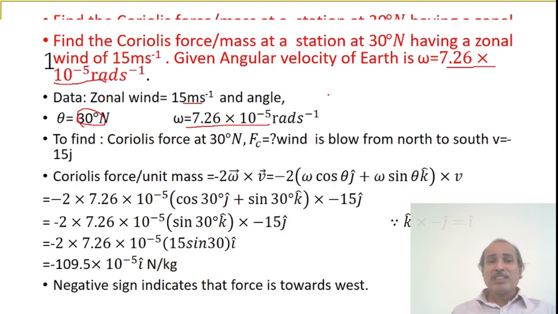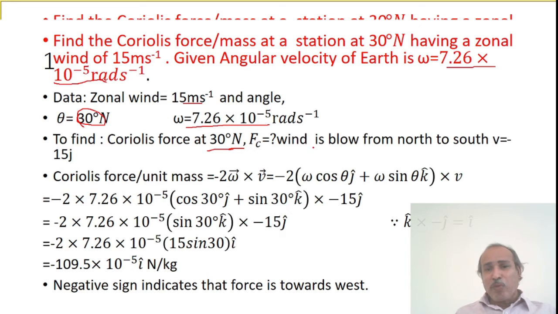So 360 divided by 24 into 60 into 60, ultimately we get 7.26 into 10 to the power of minus 5 radian per second. This is the angular velocity of the earth. The wind speed is 15 meter per second, and the angle is given. We have to find the Coriolis force at 30° north.